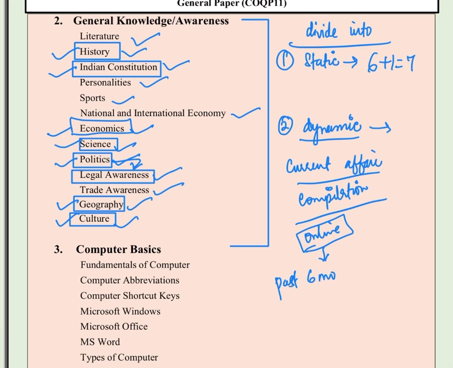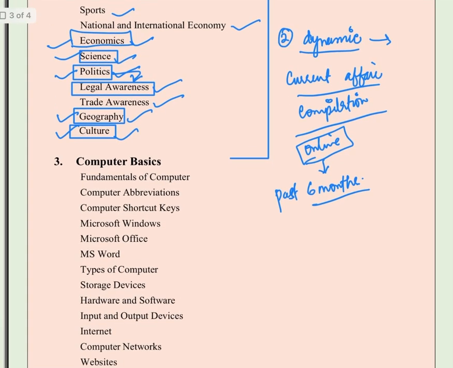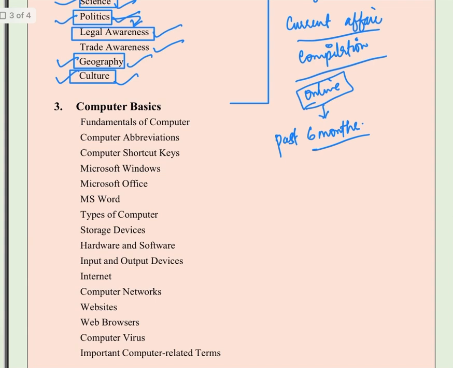I have analyzed last year's paper, and I'll show you that paper in this video as well. When I looked at it, I found that past 6 months current affairs is asked in most of the papers. So just go for this compilation, and that will suffice.